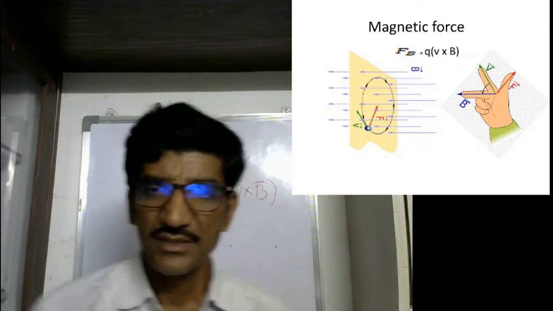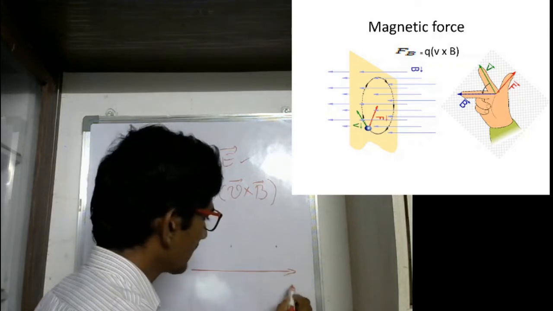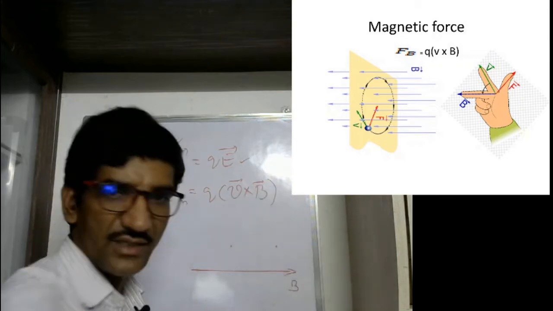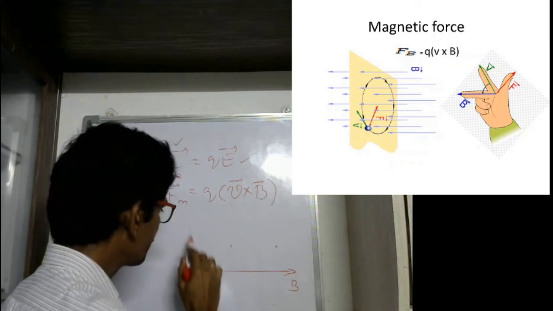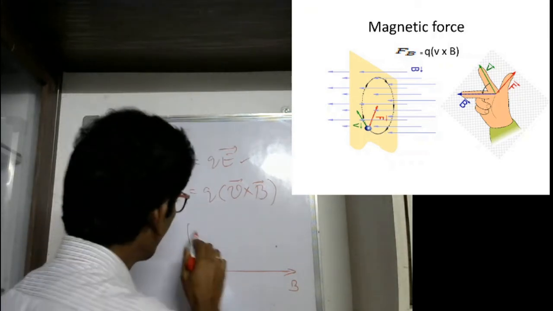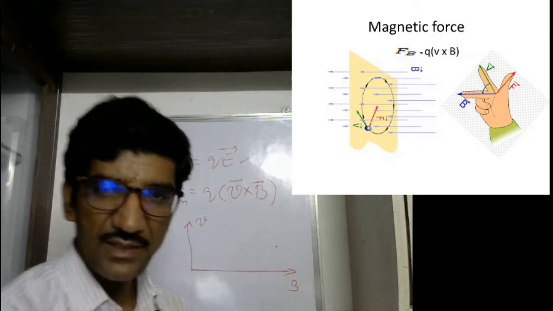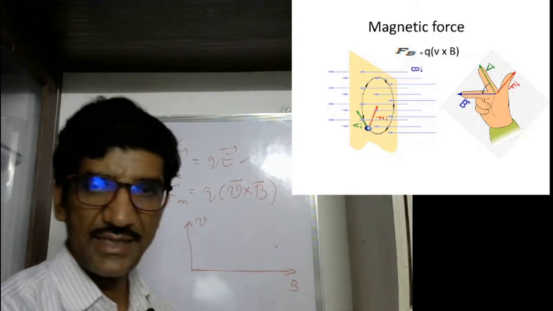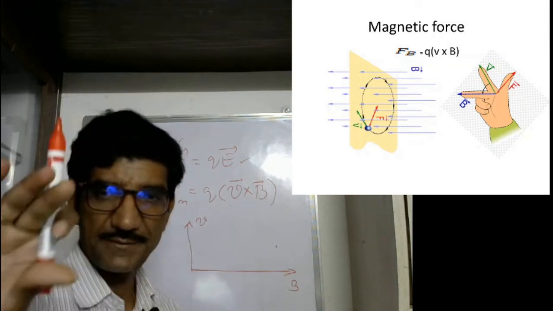The magnetic field is like this. Now the particle is rotating like this. At some moment you may have the direction of V like this. Suppose that both are in the same plane.